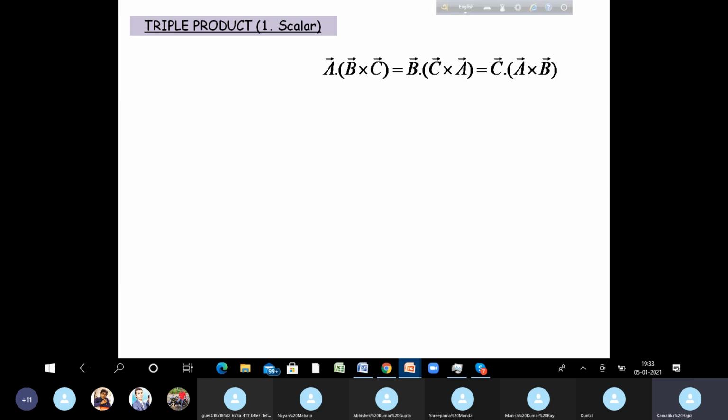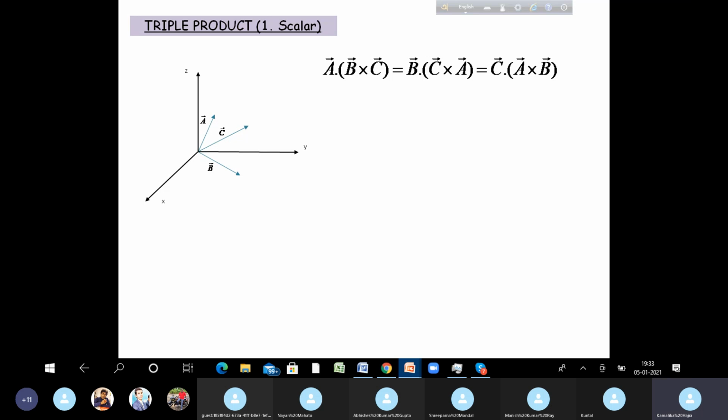One is scalar, and this is the formula: A dot B cross C, or B dot C cross A, or C dot A cross B, but all of them give the same value. A dot B cross C is equal to B dot C cross A is equal to C dot A cross B. So all these three give the same result, and we will see geometrically what it means.